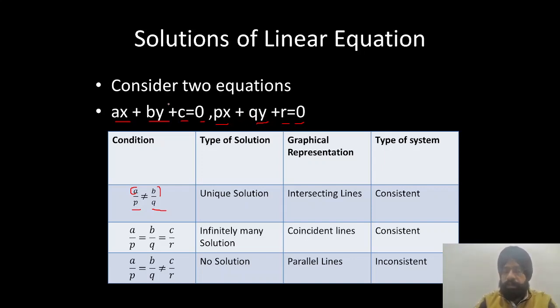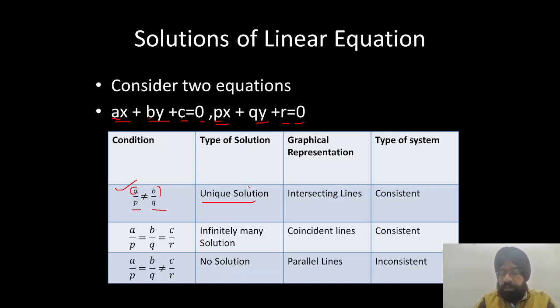Now see it. First condition: if a upon p is not equal to b upon q, then we are going to get a unique solution. I'm going to show you in the upcoming slide properly, but here we only refer to the rules.